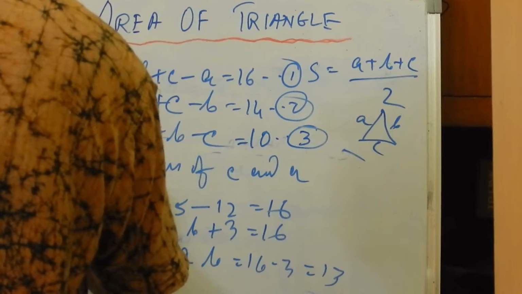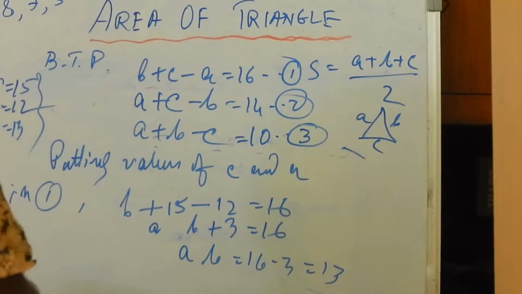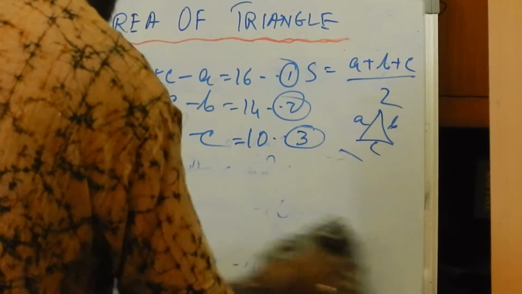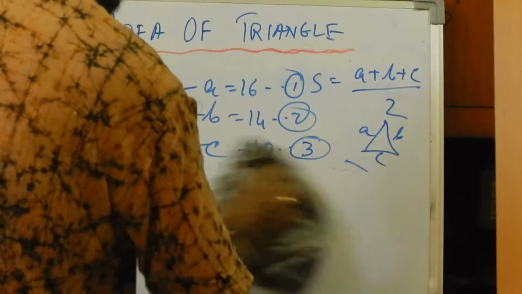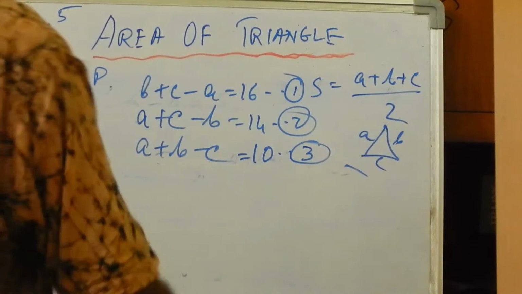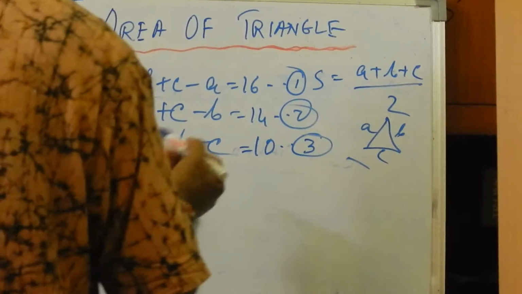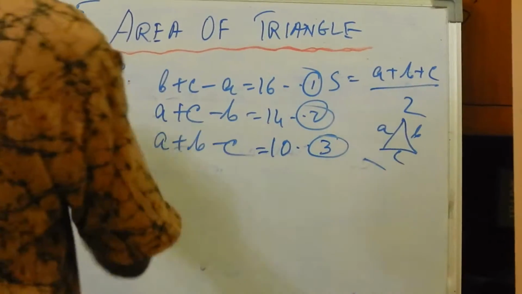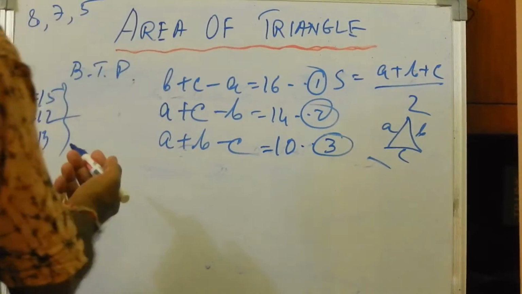So b equal to 13. So the sides of the triangle are known to us, and now we can easily find the area. But here there is no scope for height or base, because the sides are known.